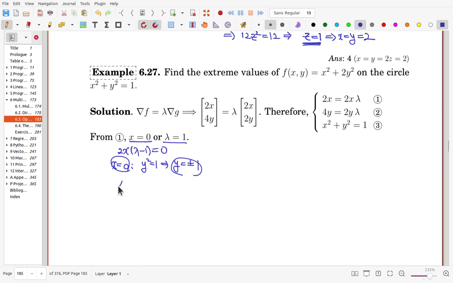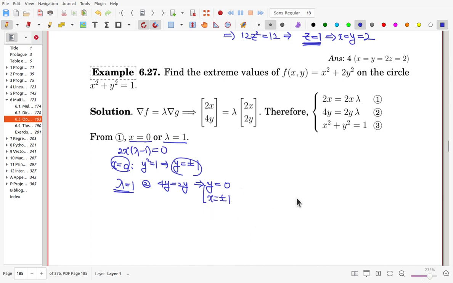Now, how about lambda is 1? Then for this one there's no information. But once lambda is 1, from equation 2, we have 4y equals 2y. That implies y equals 0. Now by using the third equation, the constraint, in this case x is plus minus 1, right?